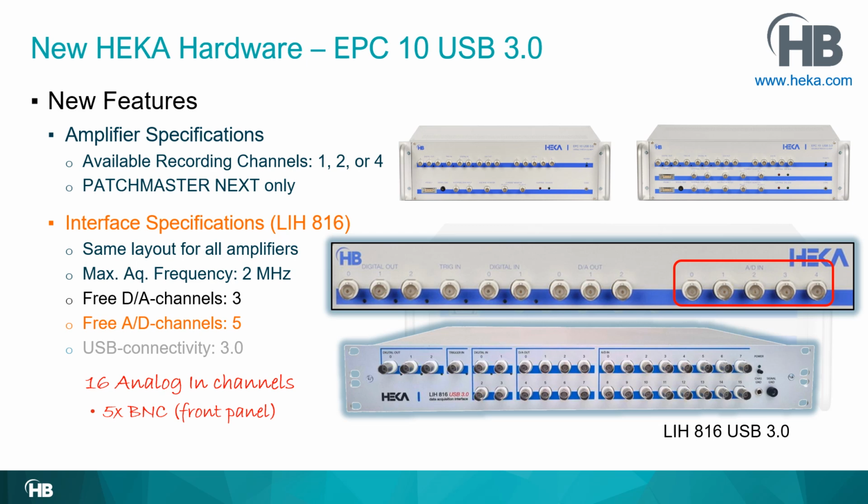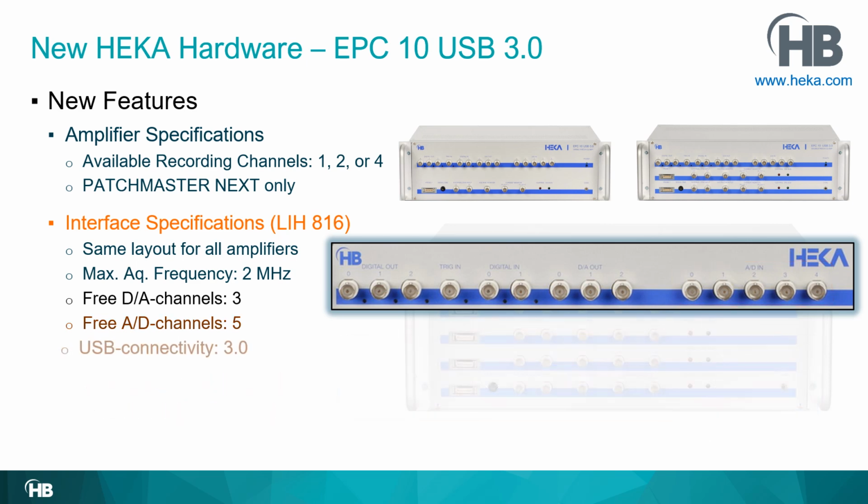But like I said, for the built-in interface board, there are 5 available on the front panel of the amplifier. Here are the 16 analog in channels of the standalone. And then of course the interface needs to be connected to a 3.0 port on the acquisition computer. It does not work with the 2.0 port.